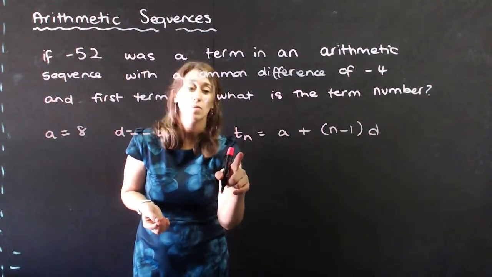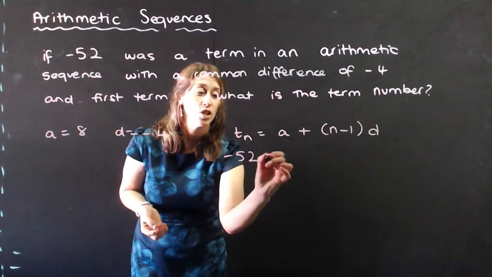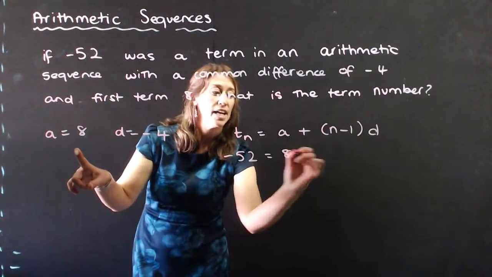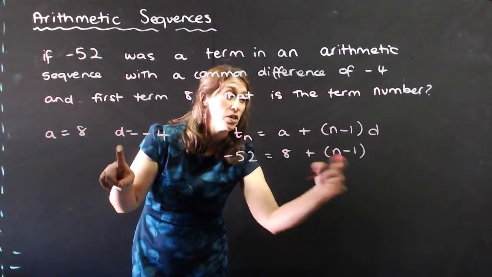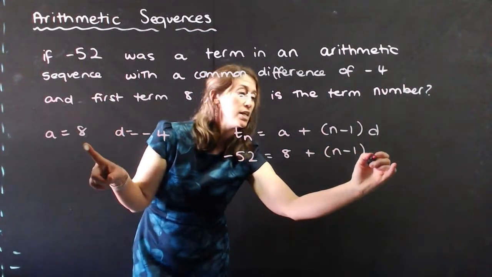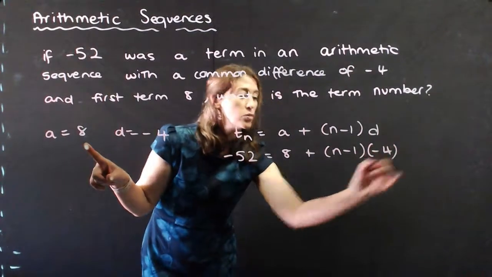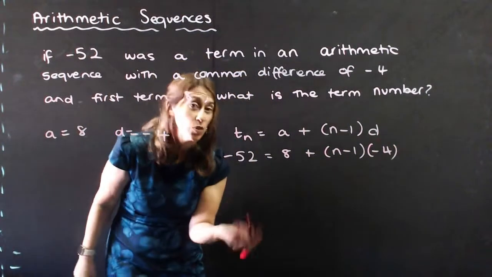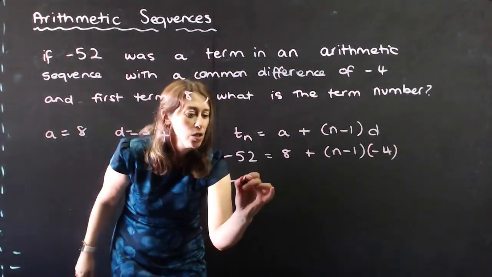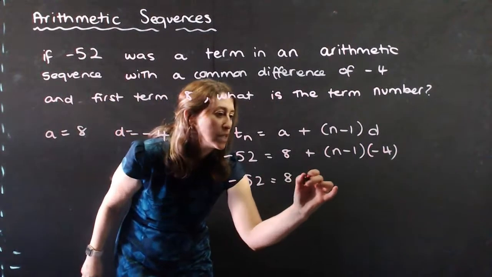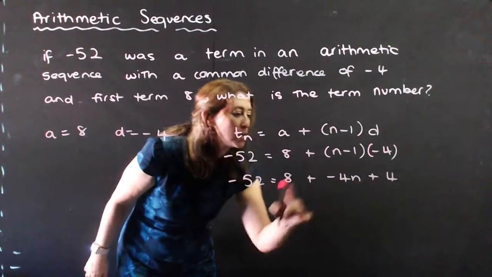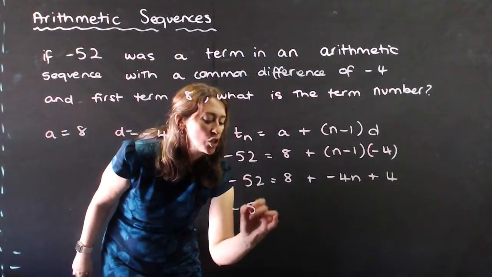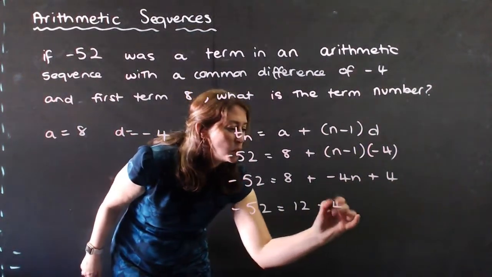We know that the term we're looking for is negative 52, and we know the first term is 8, plus (n minus 1), where n is what we're trying to find, and the common difference is negative 4. So we expand out the right-hand side, and we've got an equation to solve for n. So minus 52 equals 8 plus negative 4n plus 4. Combine those together, we get 12 minus 4n.